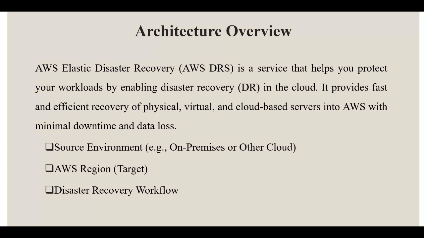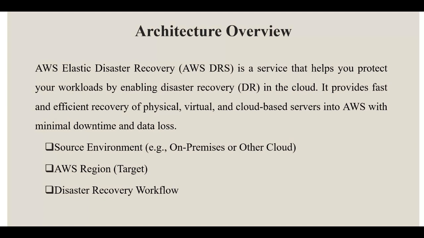recovery. So the disaster recovery workflow contains three elements. The first one is replication, which continuously replicates data to storage such as EBS or Amazon S3 in real time, ensuring an up-to-date copy of your data.